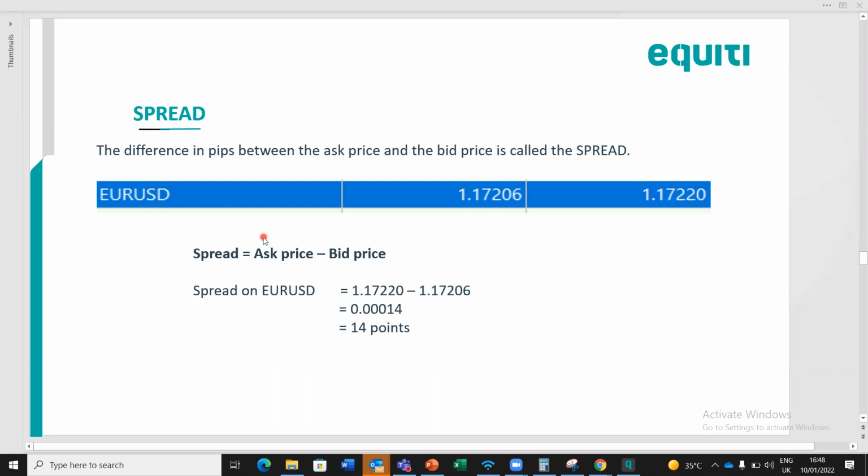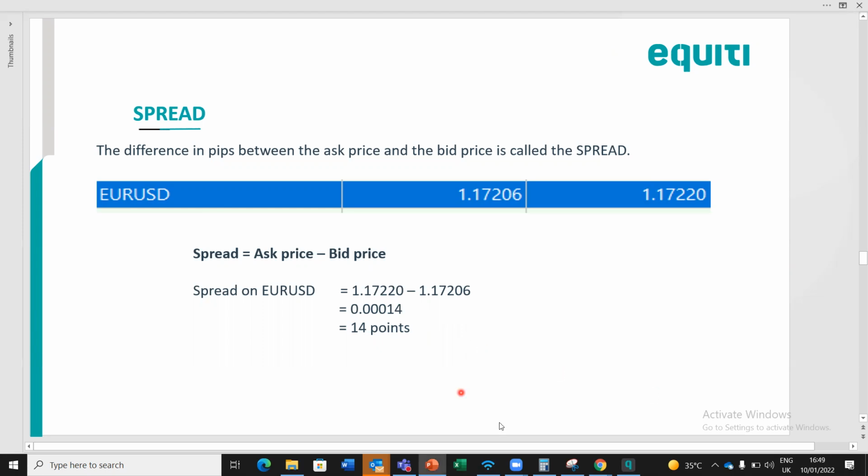Now, if I want to find the spread for Euro USD, it's simply the bid price subtracted from the ask price, and that will give us 1.17220 minus 1.17206, and that will give us 0.00014. Now you take the significant figure as points. So this invariably gives us 14 points.